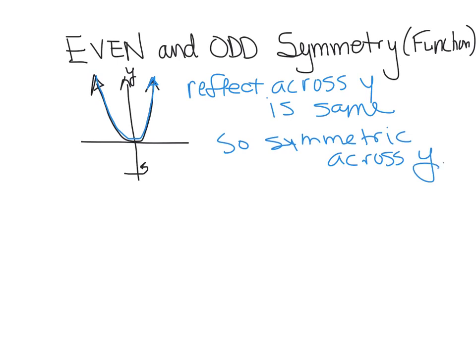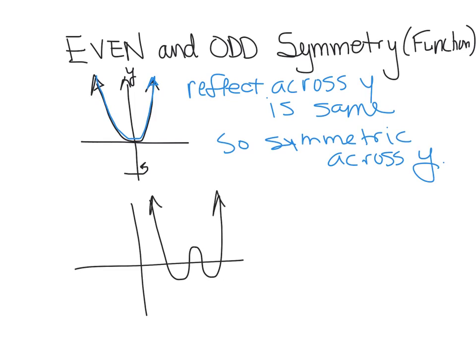And it just so happened in the power functions that this was an even degree as well, okay? But not all polynomials of an even degree will have even symmetry. For example, what if I had a picture that is clearly an even degree polynomial?